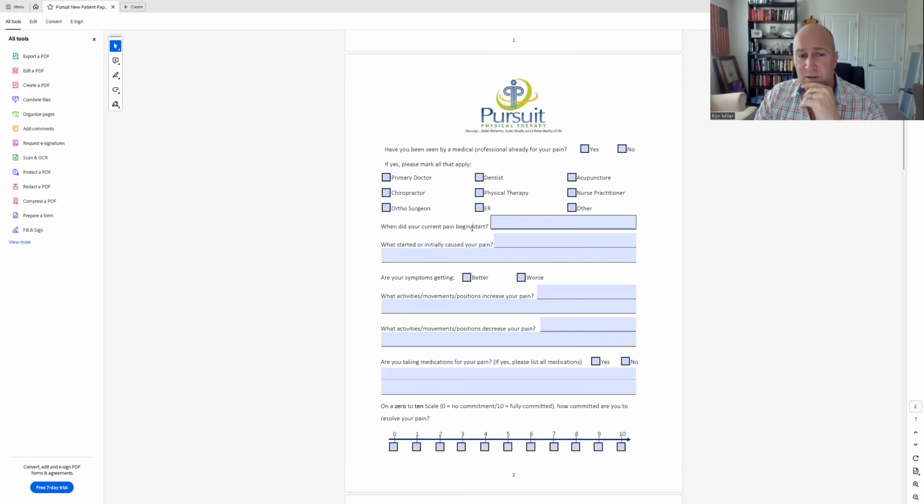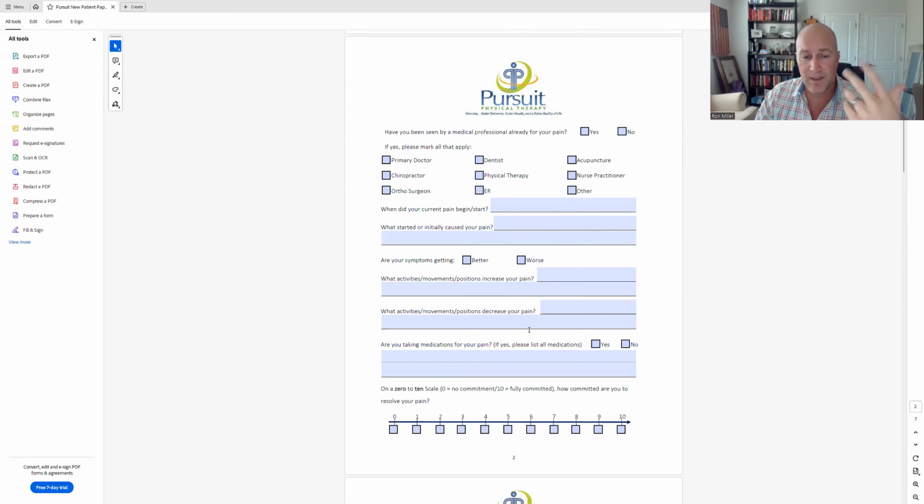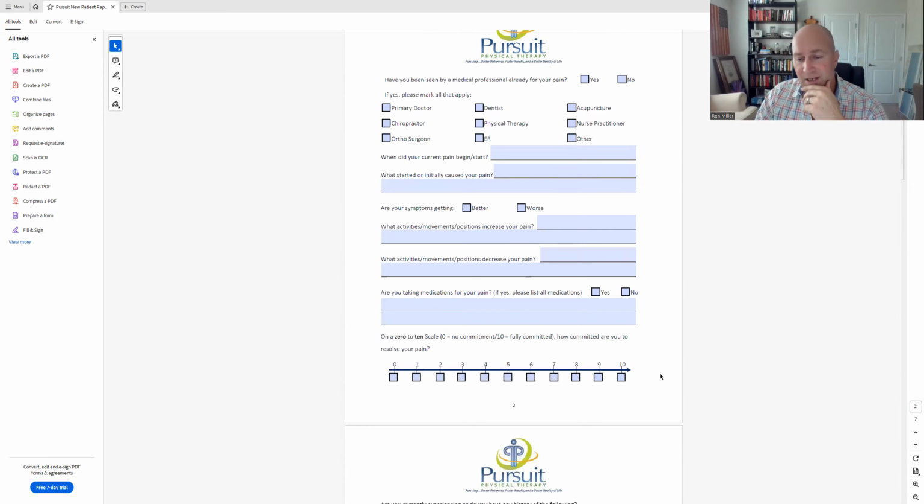And then we have some other questions here with typical history of pain. What makes it better? What makes it worse? When did symptoms start? Any medications? Down here, we do ask a commitment question. This is something I added in because patients that circle 8, 9, or 10 normally end up getting a good outcome.